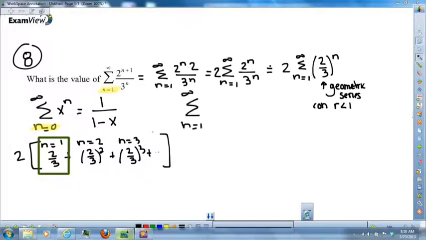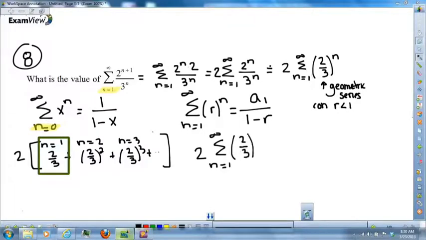So when it starts at 1, my geometric series is a sub 1 over 1 minus r. You kind of have to remember, the easiest thing is to always remember it's going to be your first term over 1 minus your ratio. So always think of your first term. When n equals 0, your first term is usually always 1 because anything to the 0 power is 1.